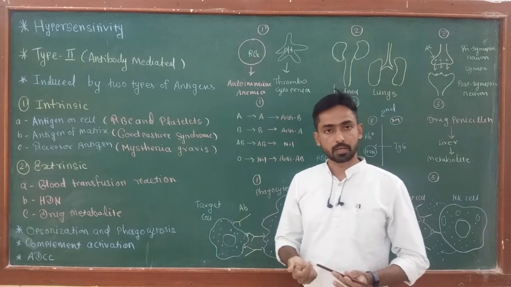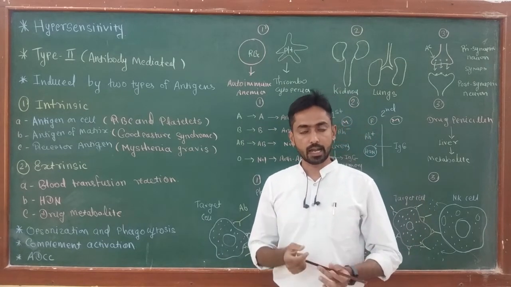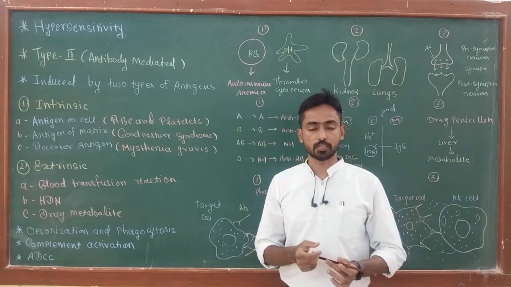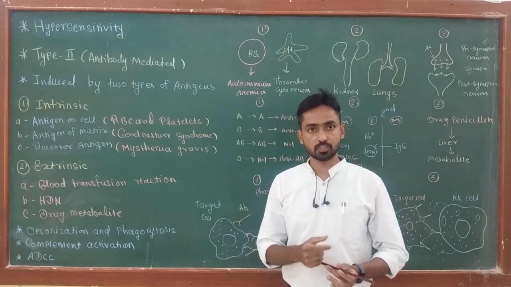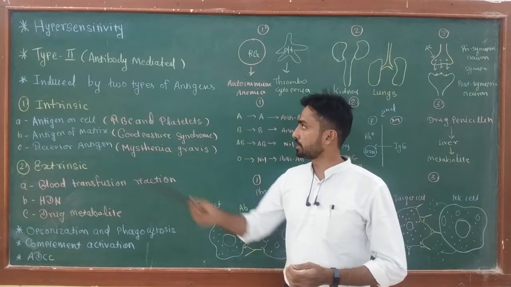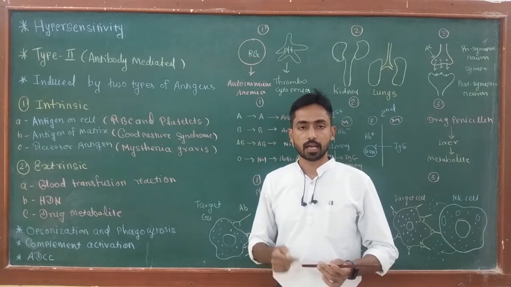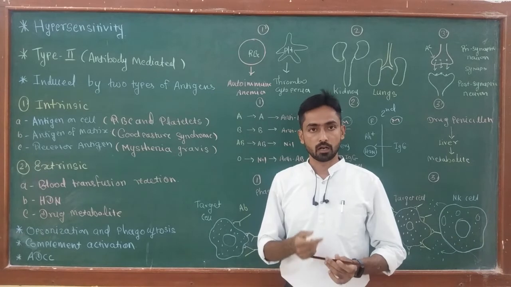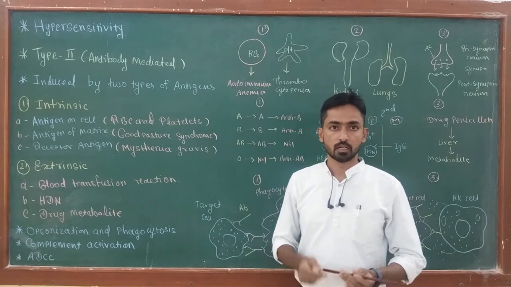Then in type 1, IgE antibody is stationary, attached to the mast cell or blood basophil, while in type 2 hypersensitivity, the antibodies are freely circulating inside the blood.